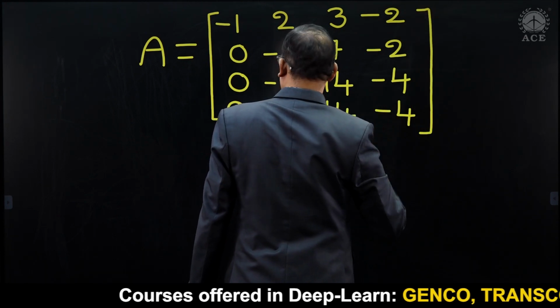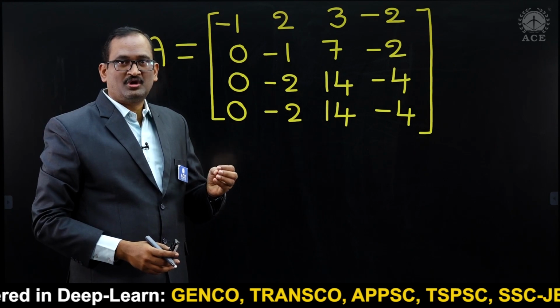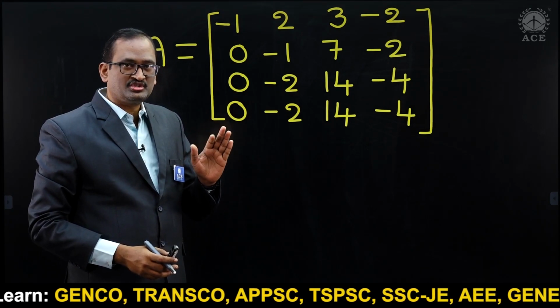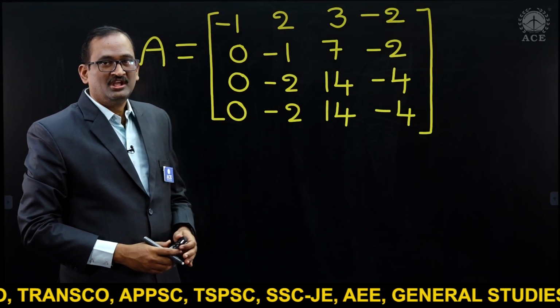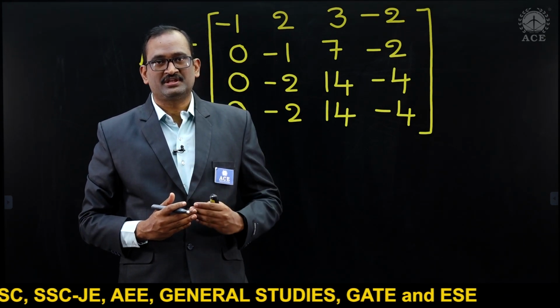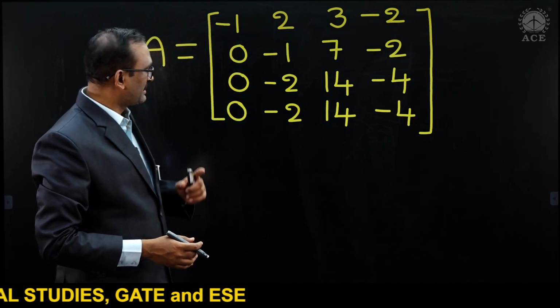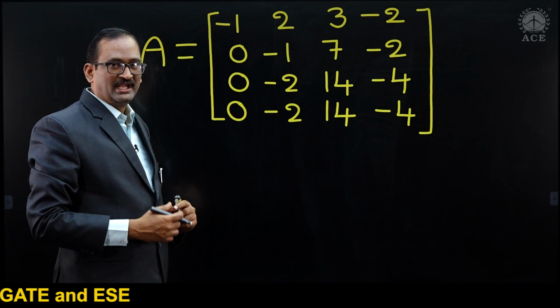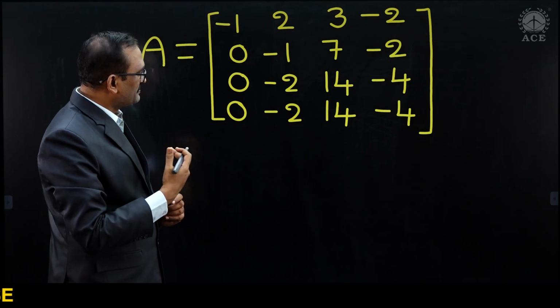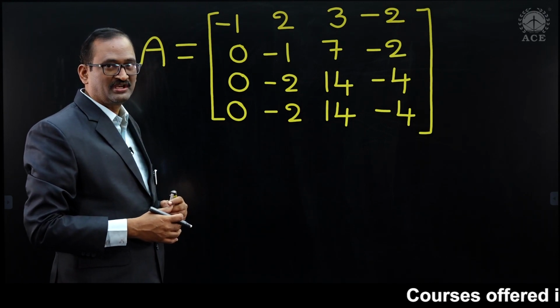This is the matrix. Please do remember that third row and fourth row are linearly dependent rows upon the second row, because third and fourth rows can be expressed as a linear combination of the second row. I mean third row is equal to 2 times of second row, even fourth row is equal to 2 times of second row.